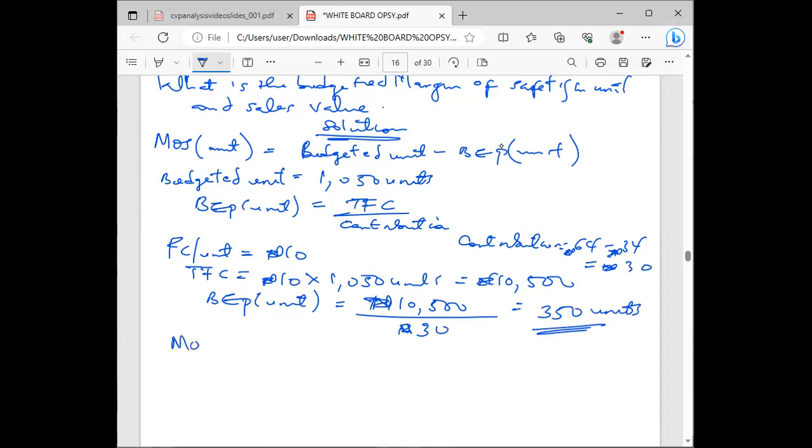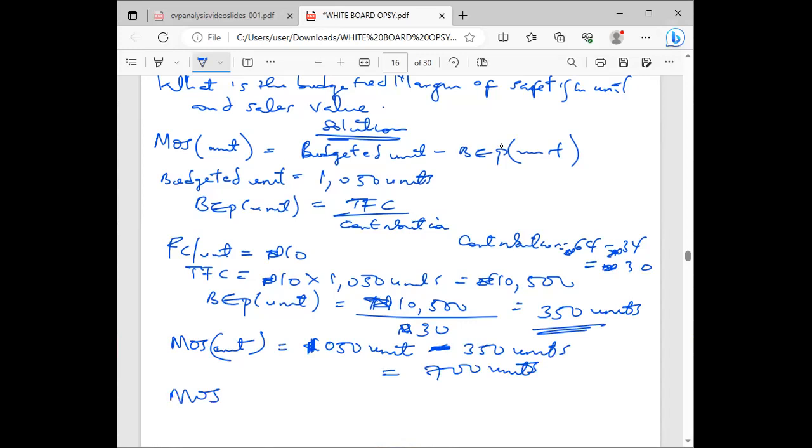So MOS in units will be 1,050 units minus 350 units. This will give us 700 units. Our MOS in units will be 700 units.